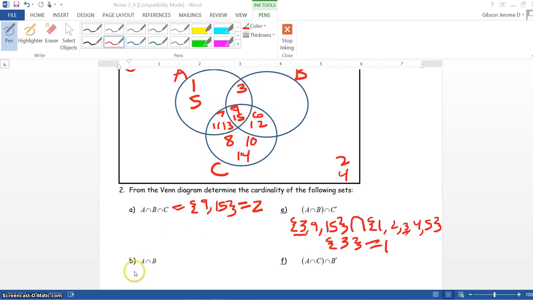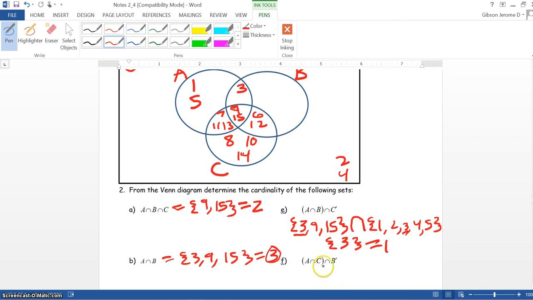Instead of writing out all those numbers, let's just see where A and B intersect. They intersect at 3, 9, and 15. So A intersect B is 3, 9, and 15, which means the cardinality is 3. They had 3 elements.